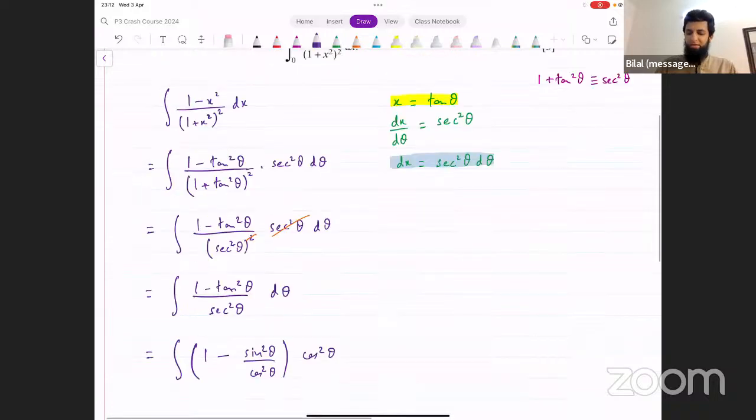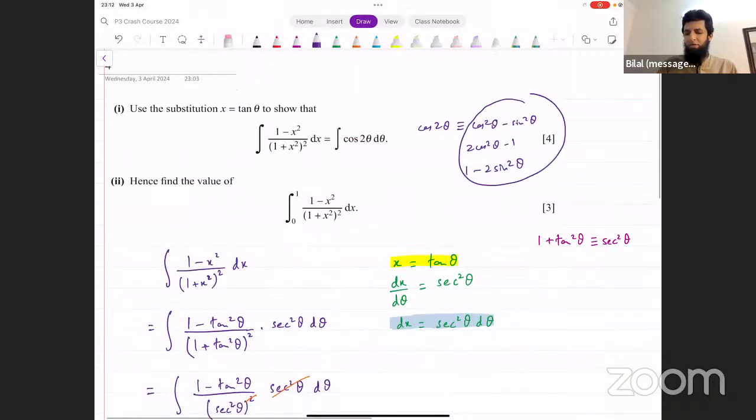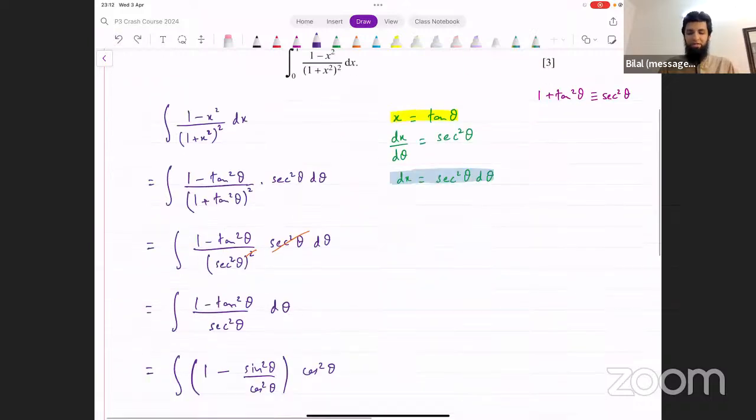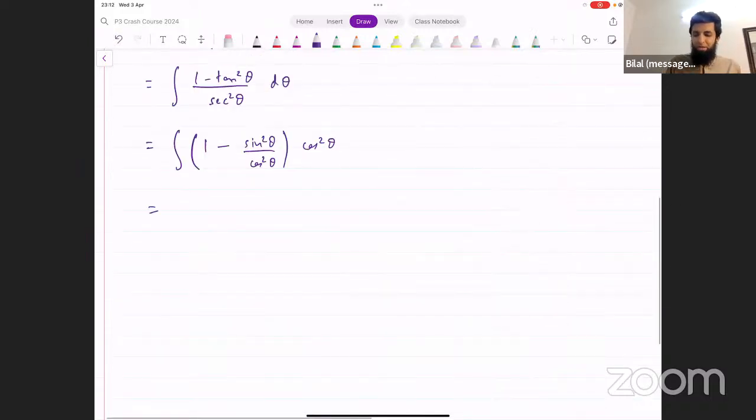We just need to simplify this a bit and possibly get to one of these three forms. Let's try that. If we multiply cos square theta inside, what do we end up with? 1 into cos square theta gives cos square theta. Then you have sine square theta over cos square theta; cos square and cos square get cancelled, and we're left with sine square theta.